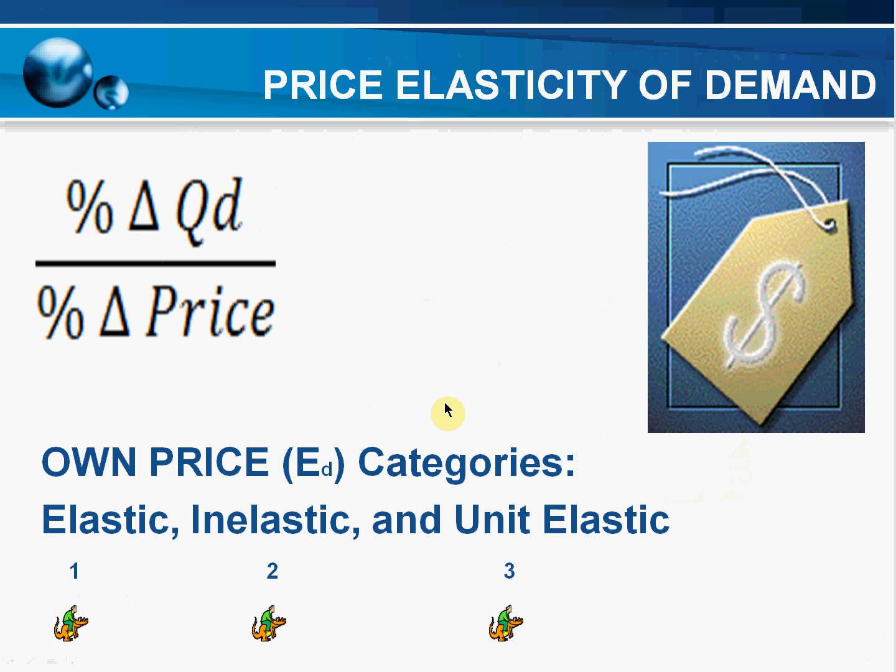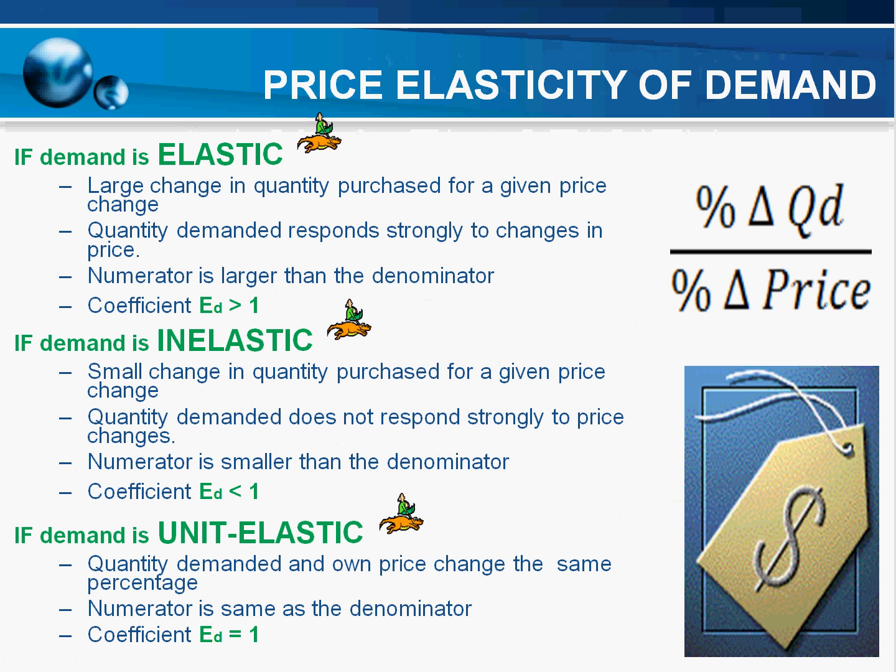The possible categories that could result from price elasticity of demand are first, elastic, second, inelastic, and third, unit elastic. More specifically, anytime we find that the coefficient or answer to the price elasticity of demand equation is greater than 1, we will call this product or service elastic.